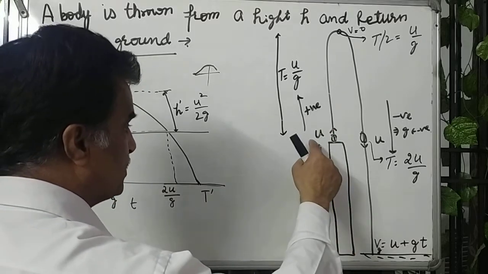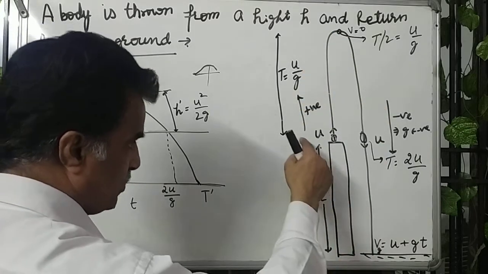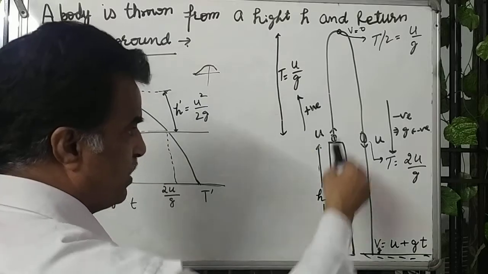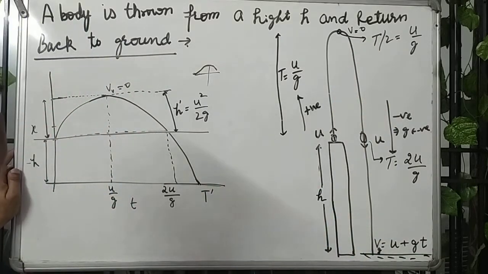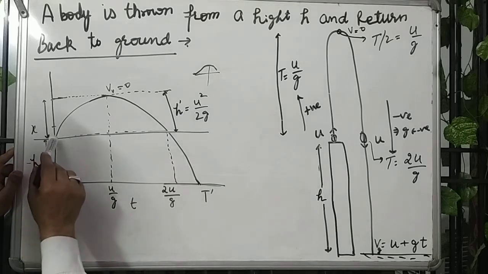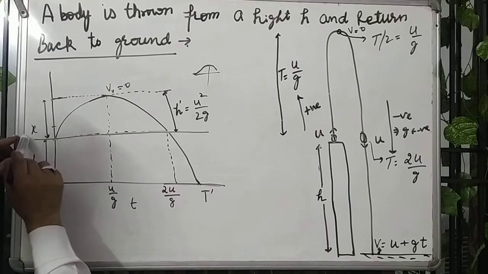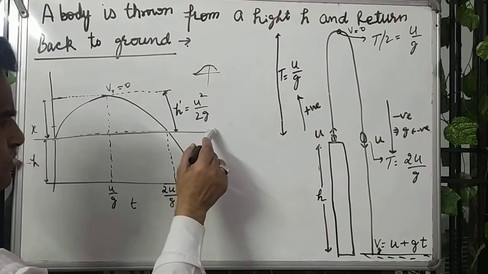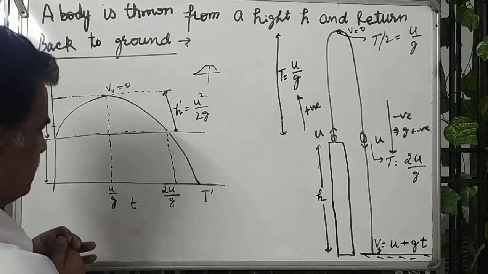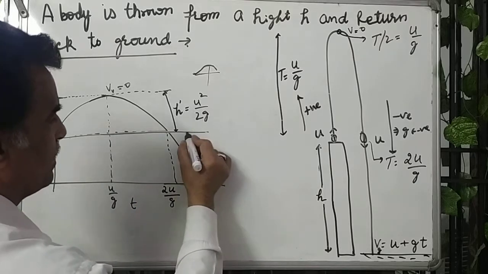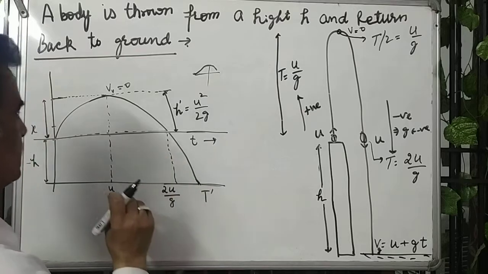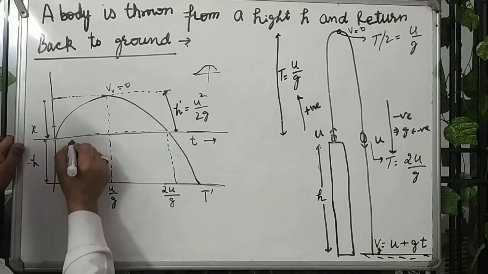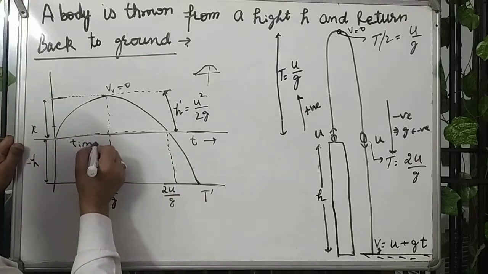Displacement downward is negative, and acceleration is negative. This is the time axis.